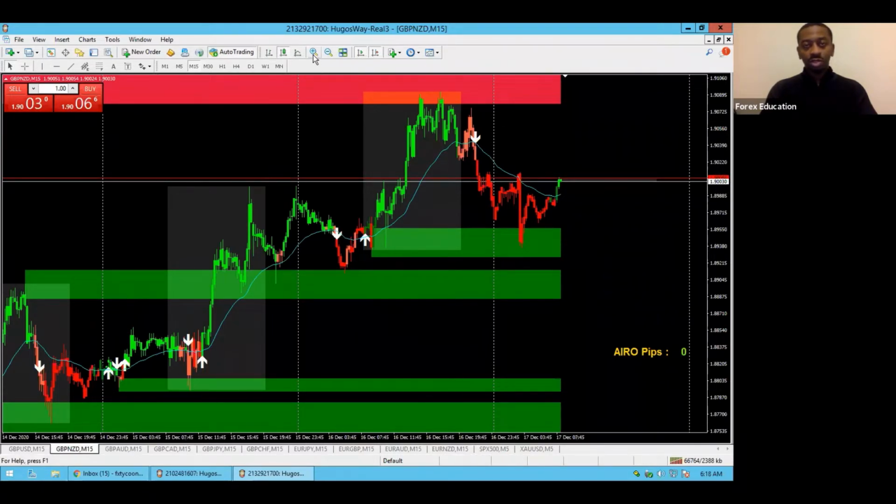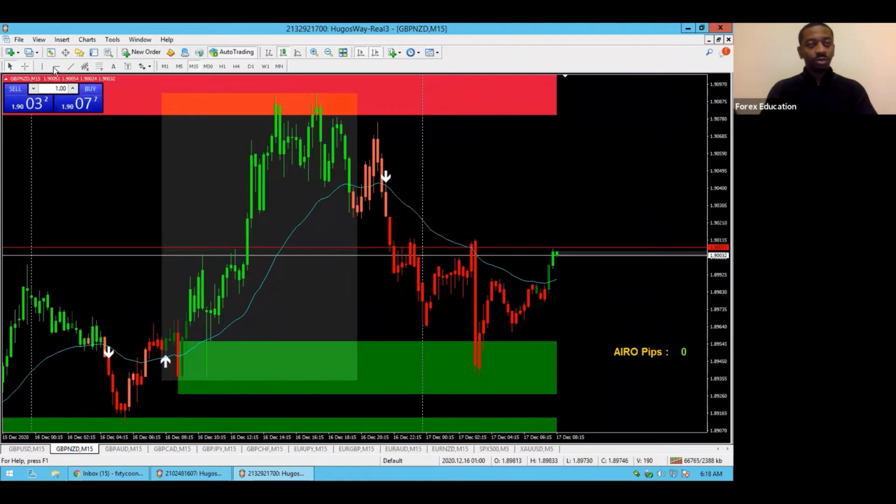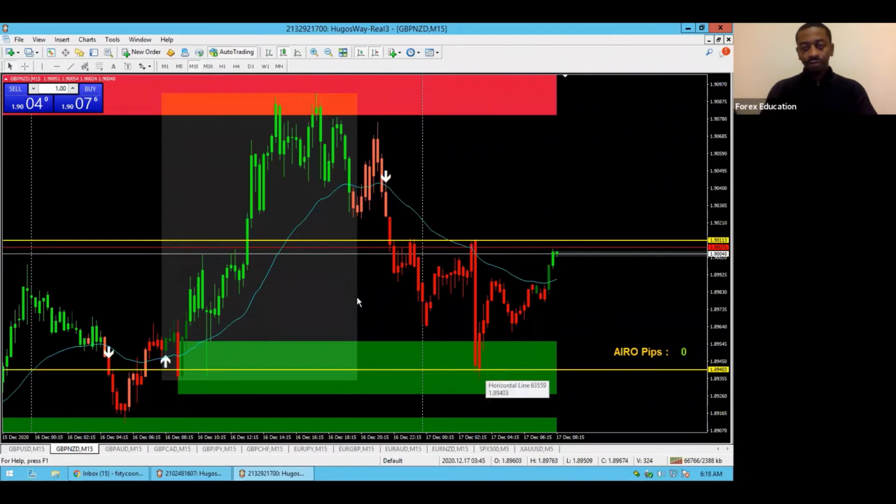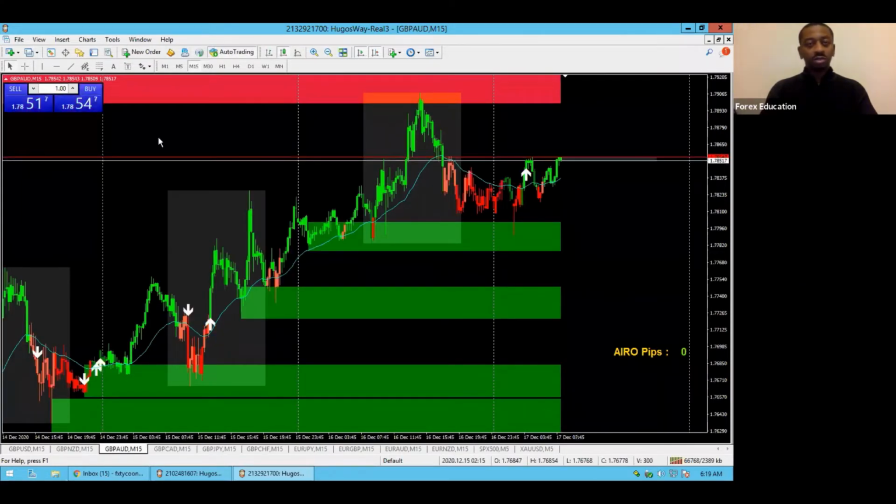I'm going to zoom in. We're going to mark the high. Boom. We're going to mark the low. Boom. We're going to measure. 70 pips. We're not touching that one. GBP/AUD.